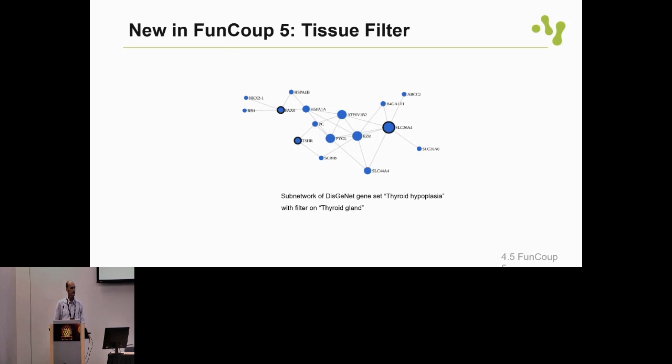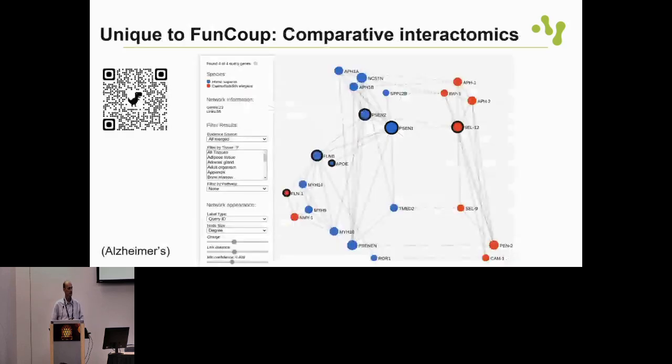Okay, so those are the new features. Here's an old feature, actually, but it's unique to FunCoup as far as we know. What you can do is submit a query in one species, but then ask it to align networks in other species using ortholog links.